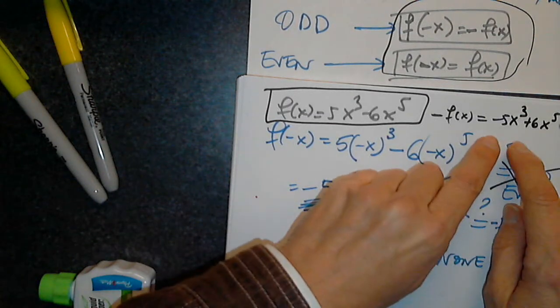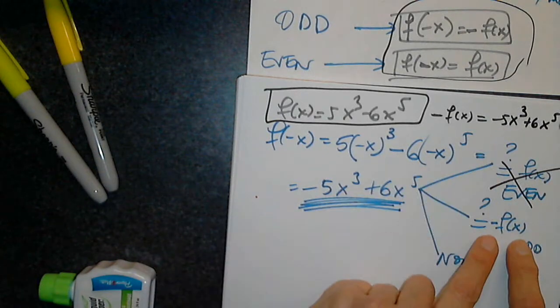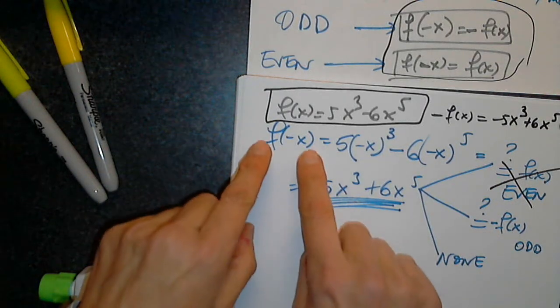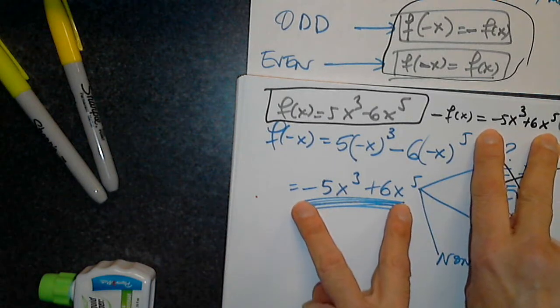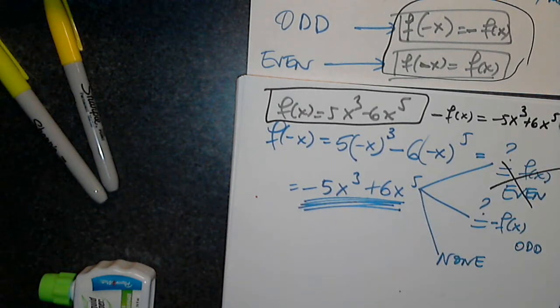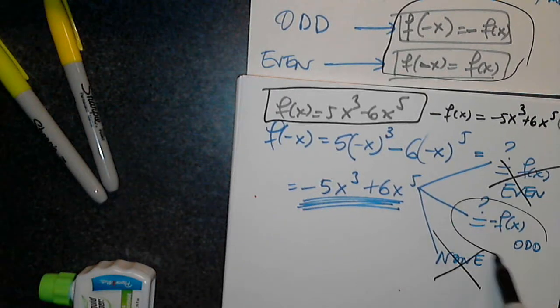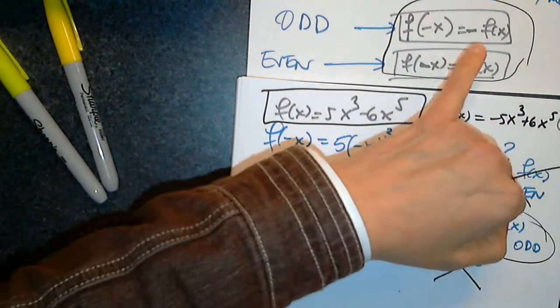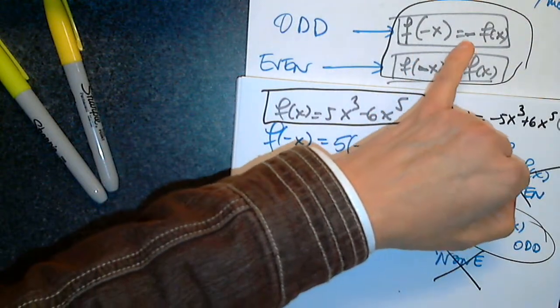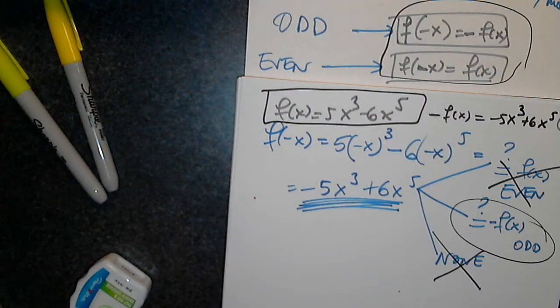Can anyone tell us whether this expression equals this expression? Are they the same? Then I will say odd function. Why? Because I showed that f of negative x, oops, I'm sorry, I showed that f of negative x equals negative f of x.